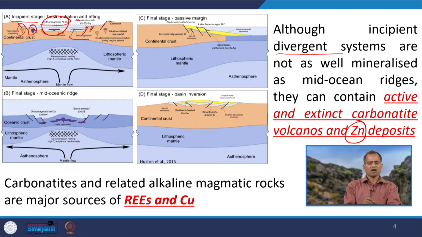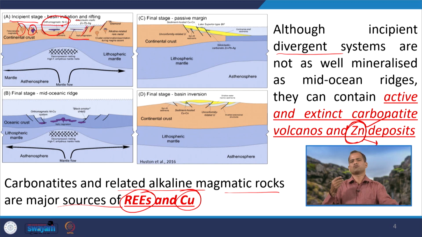Either way there will be mineralization, and mostly these carbonatites which were generated during the stretching of the system are rich in zinc mineralization. So, in the initial stage of rifting we are meeting with zinc, and carbonatites and related alkaline magmatic rocks are a major source of REE, rare earth elements, and copper.